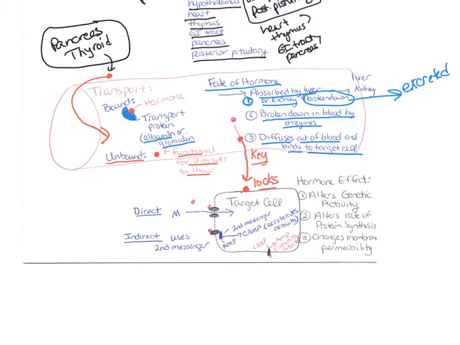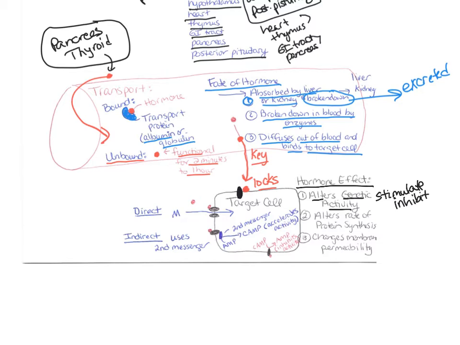Now, once that hormone binds to its receptor, then a couple of things can happen to the target cell. And so we're going to look at the effects of the hormone as it binds to the target cell. One thing it can do is it can alter genetic activity. So it can make the cell start functioning in certain ways. Maybe it'll stimulate the cell to do something, or maybe it will inhibit the cell so it doesn't do something.